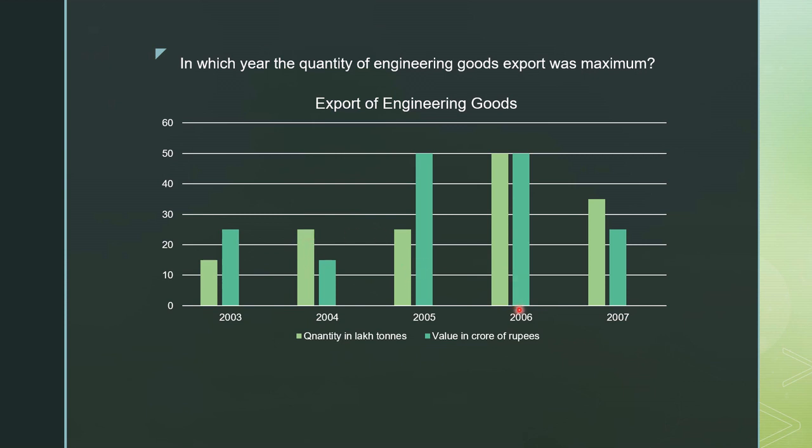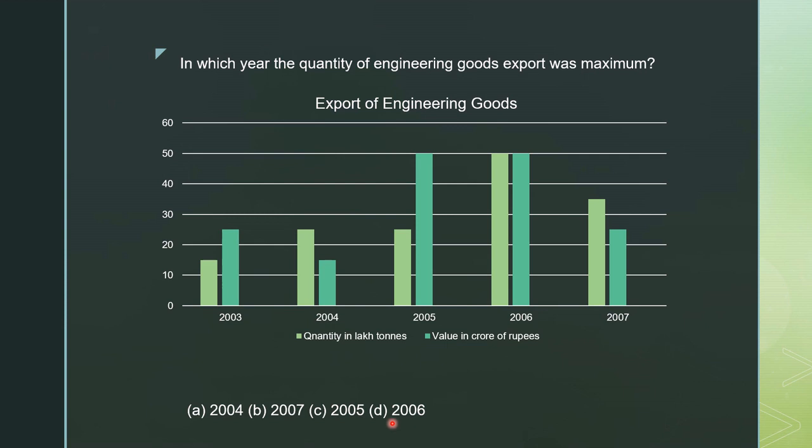In 2006 the quantity was 50, which is the maximum among the years. The options are A 2004, B 2007, C 2005 and D 2006. So the correct option is D, 2006.